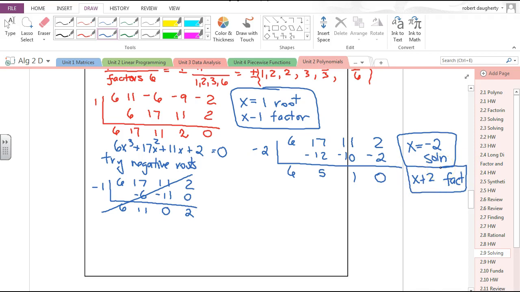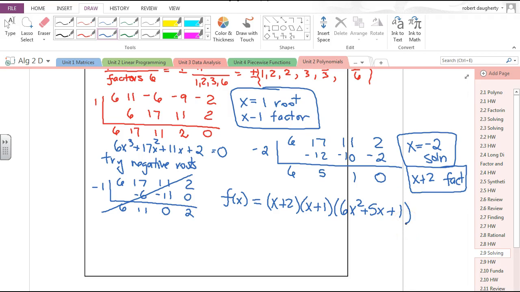And what does that mean right there at the bottom? That's 6x squared plus 5x plus 1. So now I know that f of x is, what are all the factors? X plus 2, x minus 1, and 6x squared plus 5x plus 1.